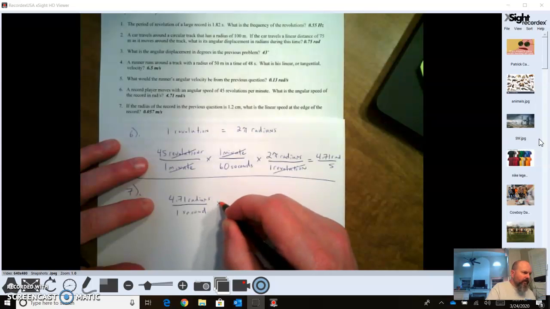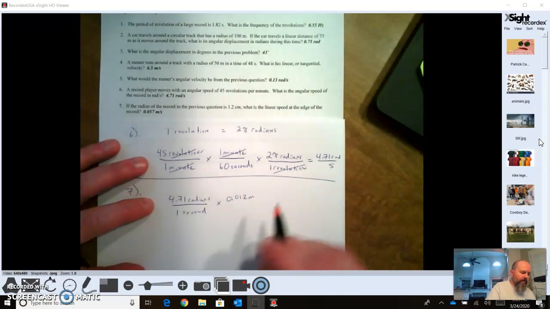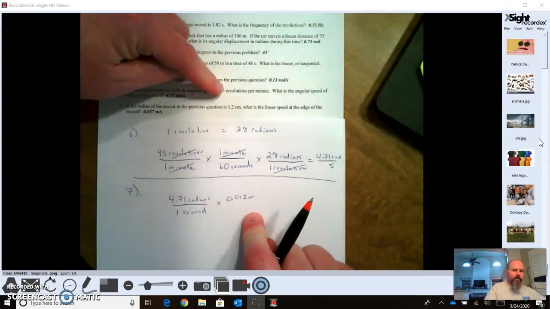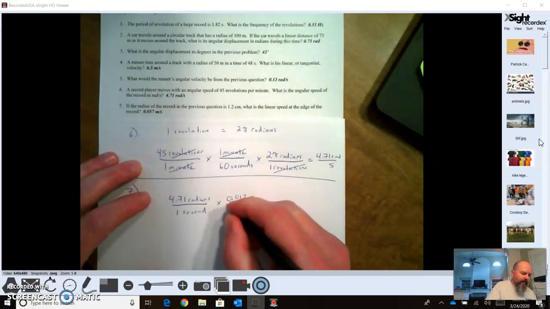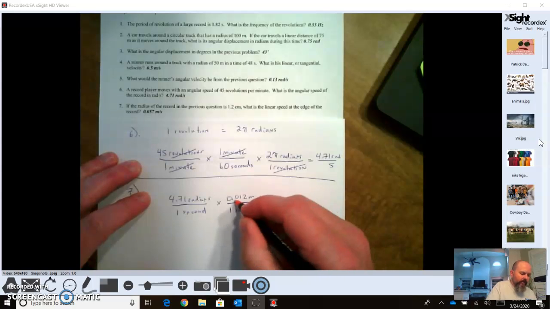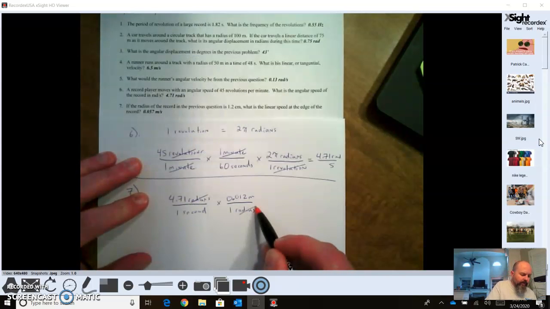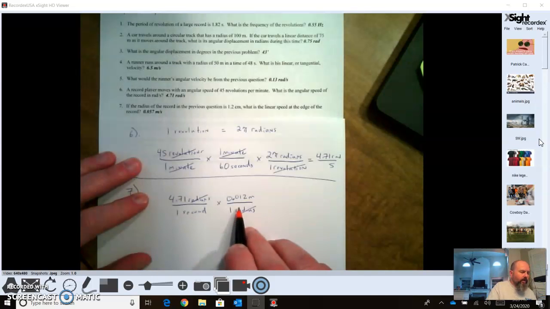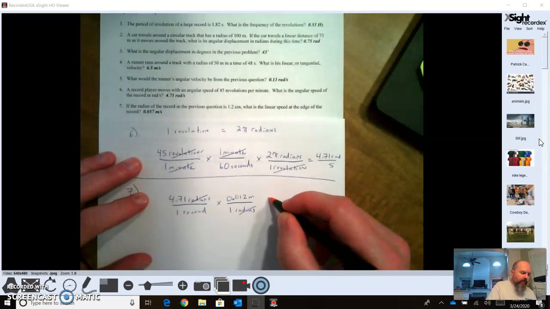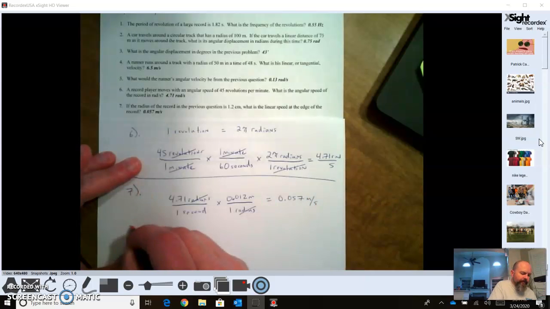So we know the radius is 0.012 meters. All I've done is take 1.2 centimeters and convert that to meters, and that is equal to 1 radius. Now radians cancels with radius. 4.71 times 0.012 should give me the correct answer of 0.056 something meters per second.